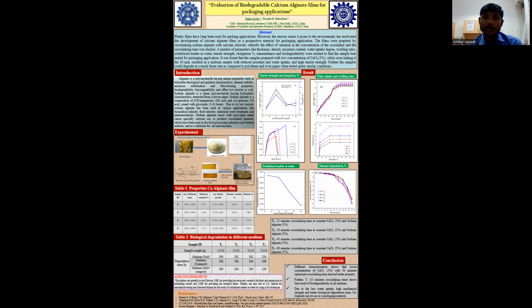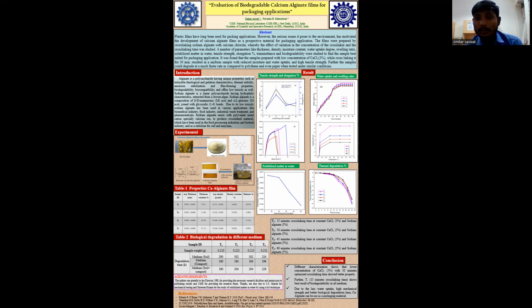When I studied tensile strength and elongation percent, I found that the maximum tensile strength is approximately 17.5 for the T2 sample, and the maximum elongation percentage is approximately 78%, also for the T2 sample. Next is the water uptake and swelling ratio.